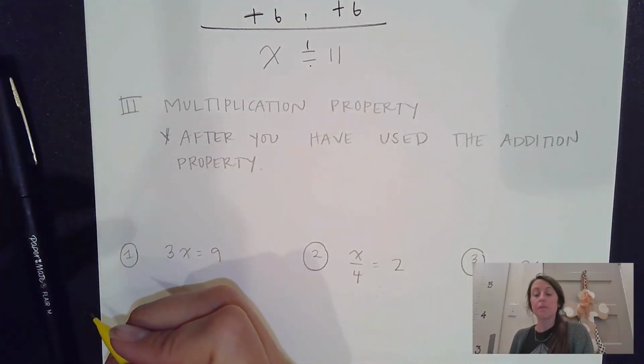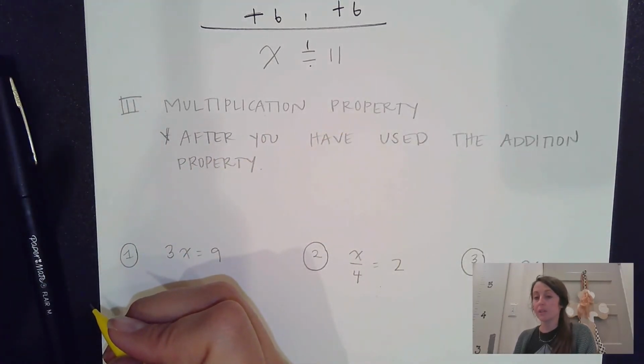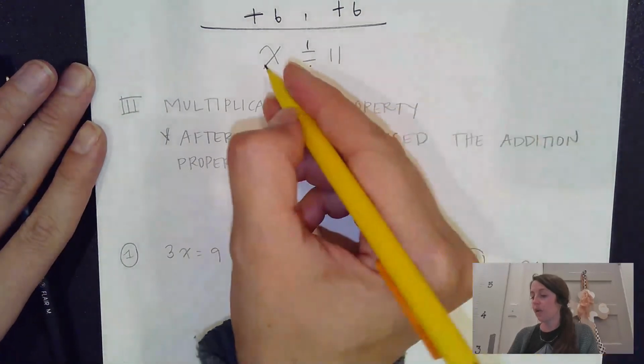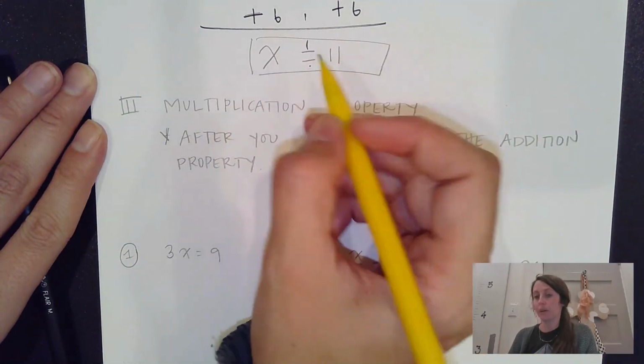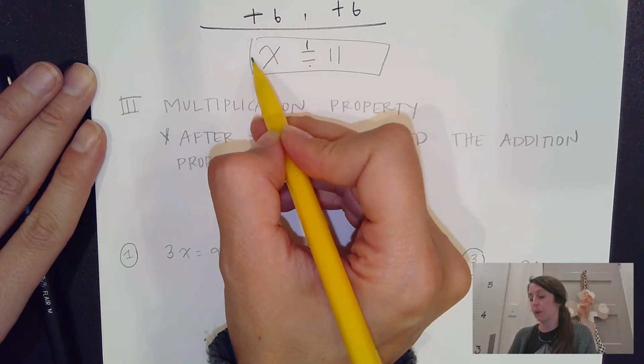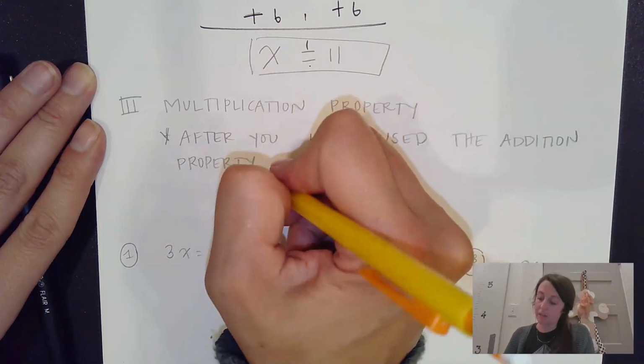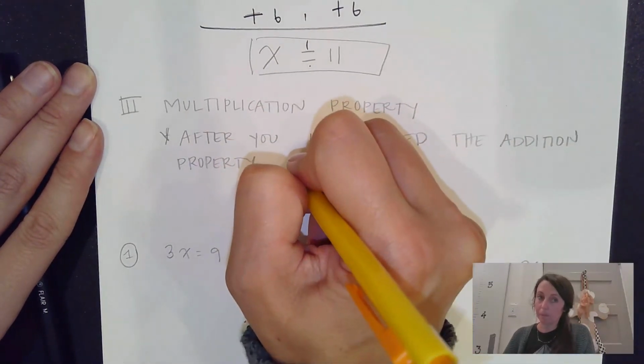Okay, so if you are left with a number on the front of the x, all these that we had, we were not left with a number. But if you got through and you were left with a number on the outside of the x, you would use the multiplication property.